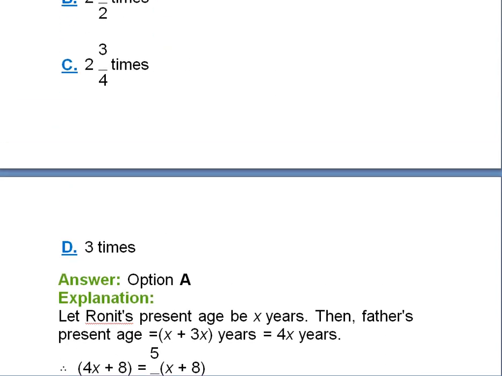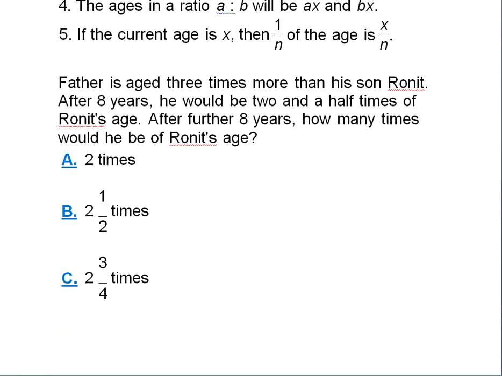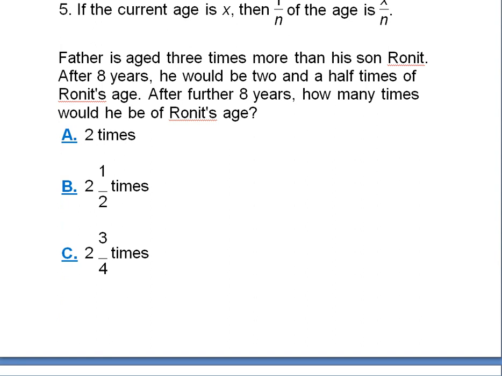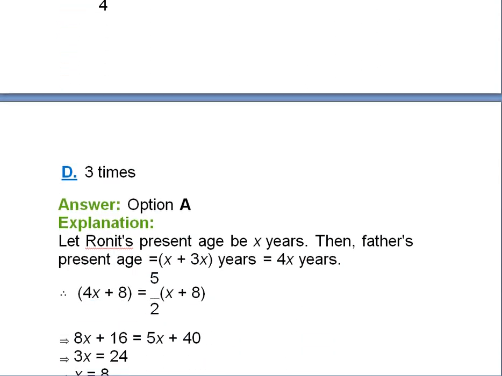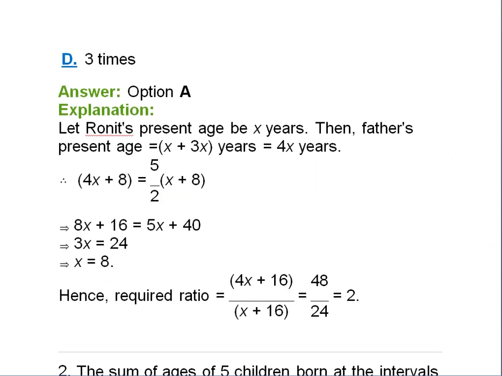Now, as given in the question, after 8 years he would be 2.5 times of Ronit's age. So 4x plus 8, because 4x was the present age of his father, equals 5 by 2 multiplied by x plus 8. After solving this, you will get 2x equals 8 for father's age and son's age.